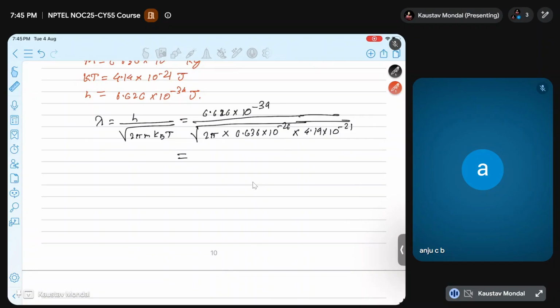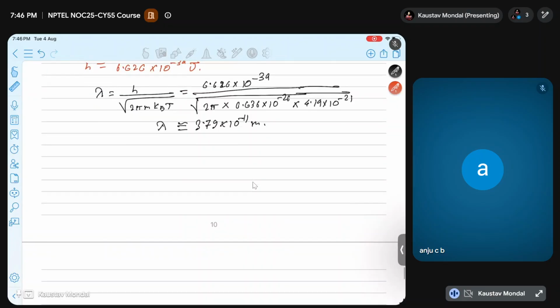If you do the calculation, it will give you roughly 3.79 into 10 to the power minus 11 meter. This is the value of lambda, the thermal wavelength.